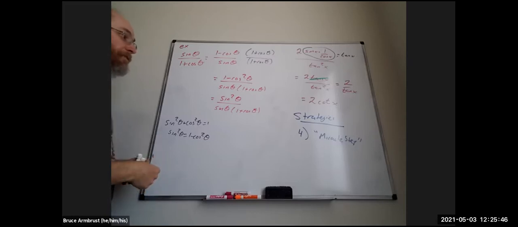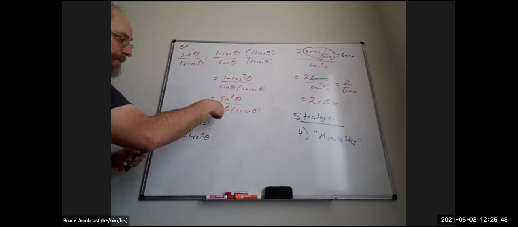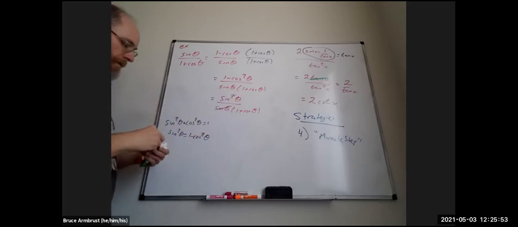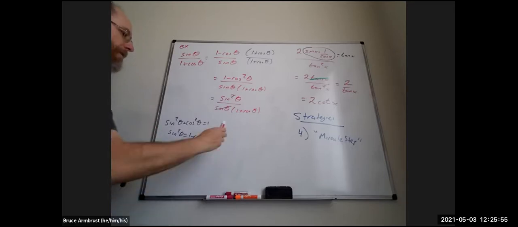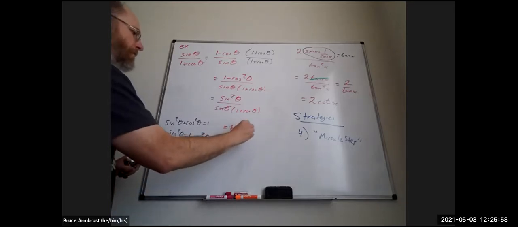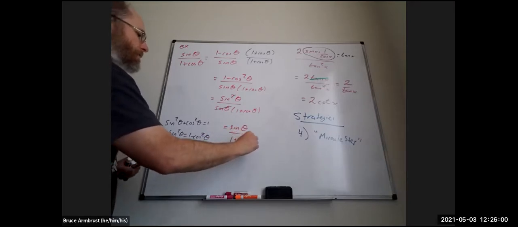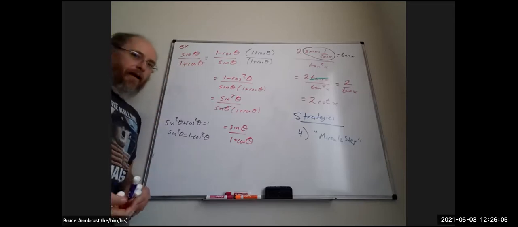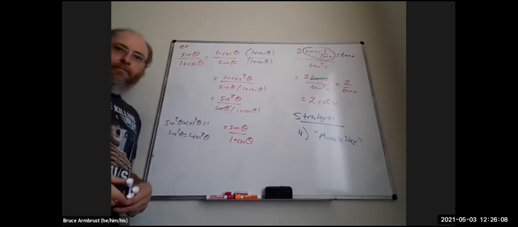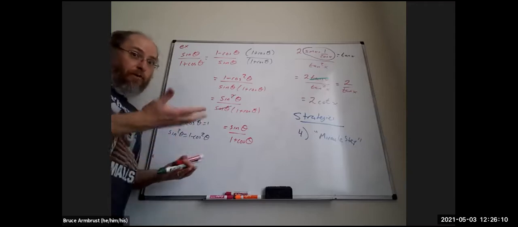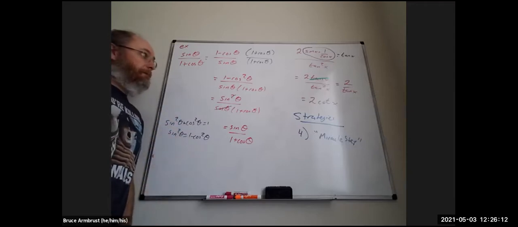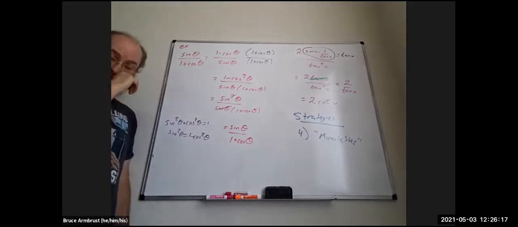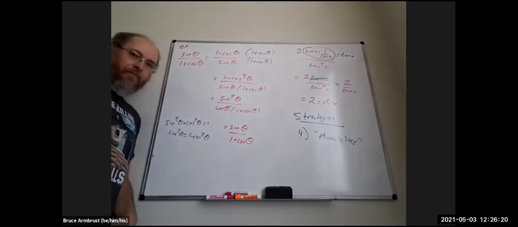But now I get to do an algebra step. I've got a sine on top and a sine on the bottom. I can divide those out. And I'm left with sine over 1 plus cosine, which was exactly the other side. So it works, totally works. This is an identity. We proved it. We took one side, we made it look like the other.